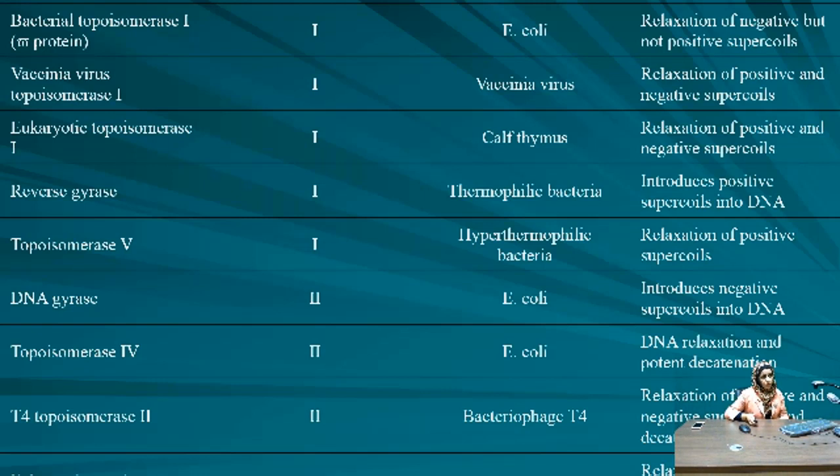DNA gyrase introduces negative supercoils into DNA, while topoisomerase IV relaxes DNA and decatenates it. Topoisomerase from the T4 bacteriophage relaxes positive and negative supercoils.